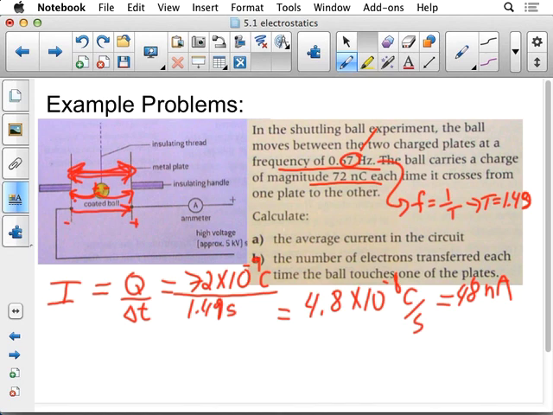How do we do that? Let's let n be the number of electrons. So how would you calculate the number of electrons that are transferred each time?